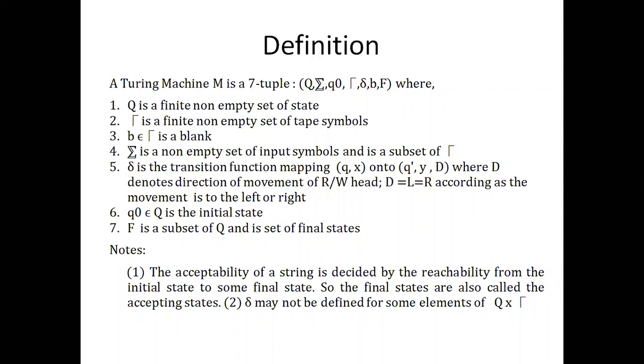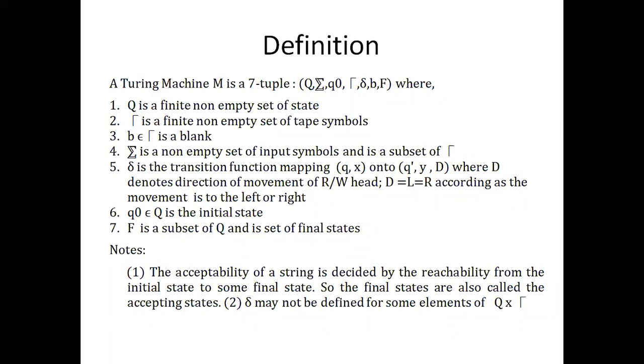Now the third component is a blank symbol B. All the cells of the tape of the Turing machine are initially blank, and they are filled with some particular symbol called the blank symbol, and this of course belongs to the tape symbol.